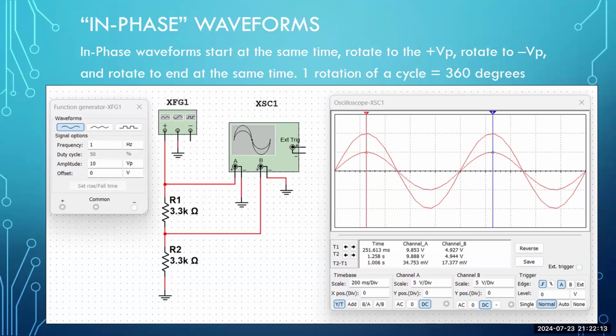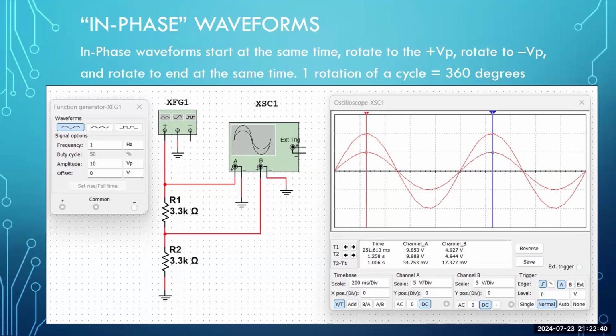And channel A happens to be the waveform the higher of the two. Channel B on the oscilloscope, the green box, you can see, follow that red line down, and it goes to a node that is right in between R1 and R2. Well, this is a simple 2-resistor voltage divider.